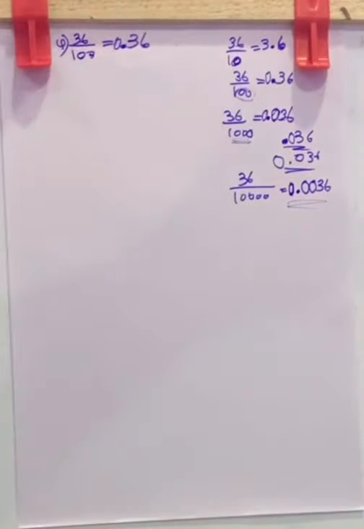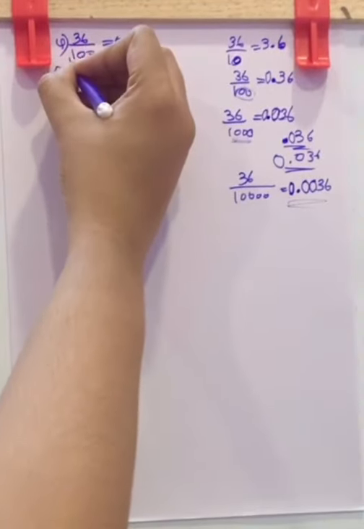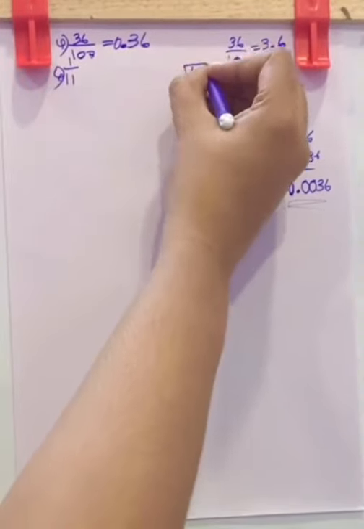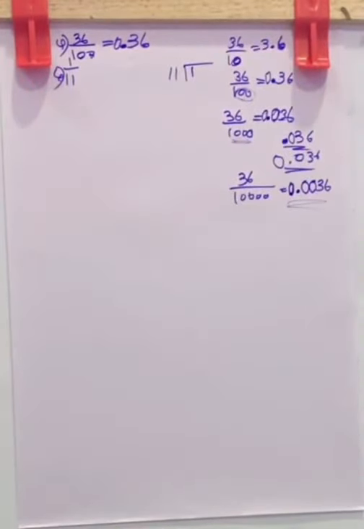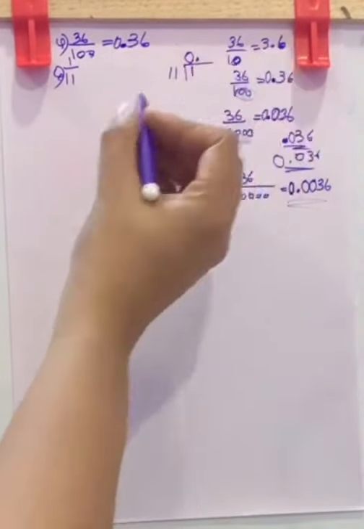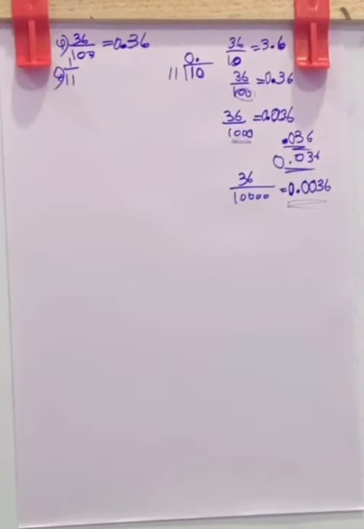Now, what about the decimal expansion? Decimal expansion terminates. Next, 1 by 11. That is, 1 is the dividend and 11 is the divisor. Now, in 1, you can't divide it by 11. So, put 0 here and a point here. Then, this 1 becomes 10. Now, in 10, can you divide it by 11?